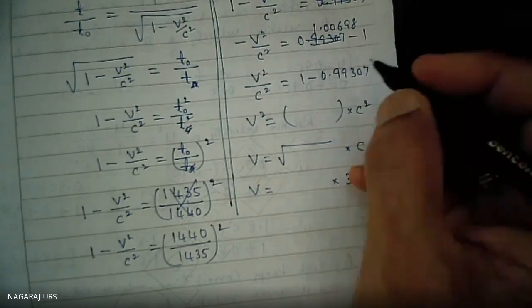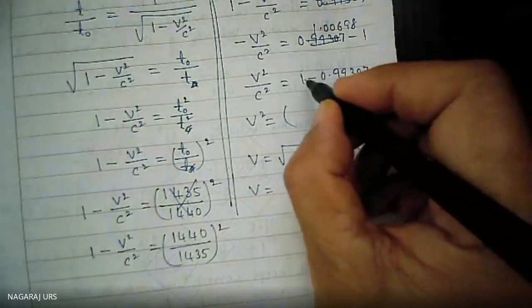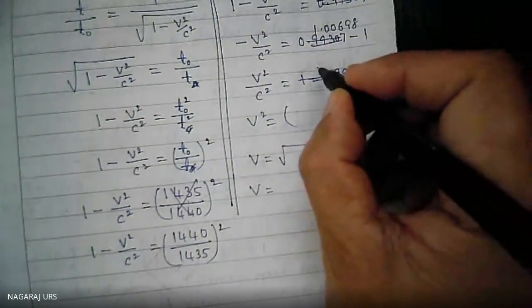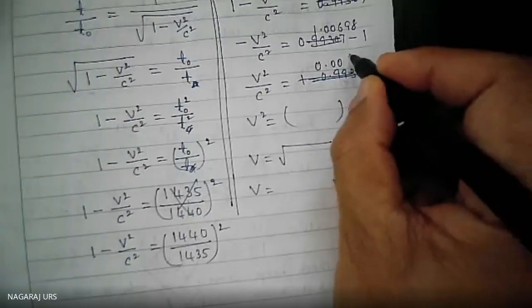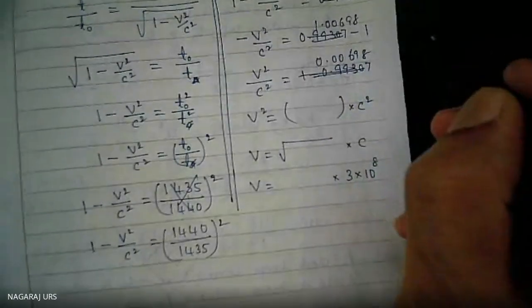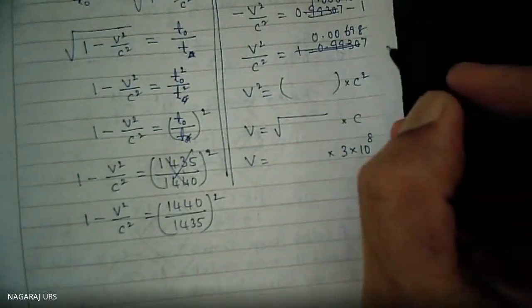Velocity cannot be negative. In spite of that, no problem. You write it, whatever you are getting. How much? 0.00968. Right?